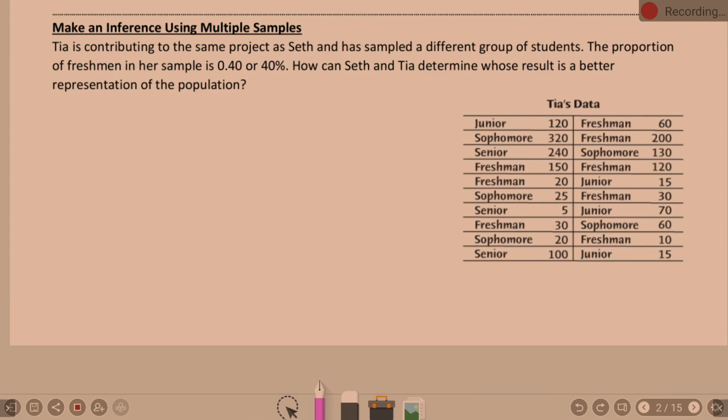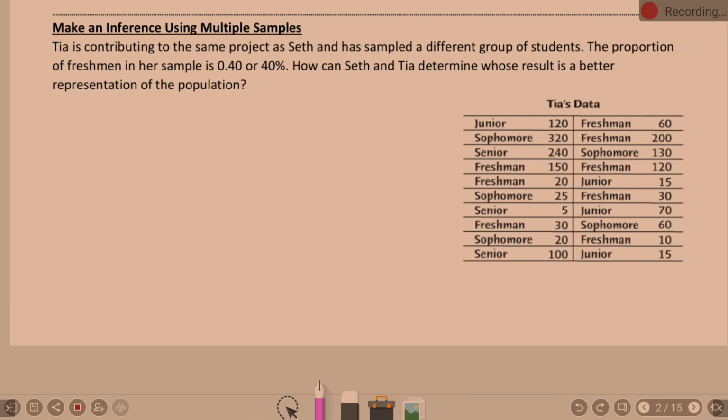So Tia is contributing to the same project as Seth and has sampled a different group of students. The proportion of her freshmen in her sample is 0.40 or 40%. How can Seth and Tia determine whose result is a better representation of the population?